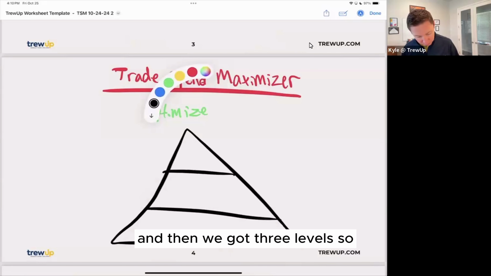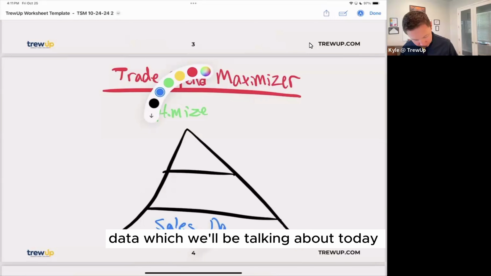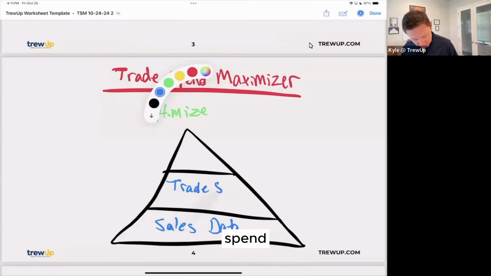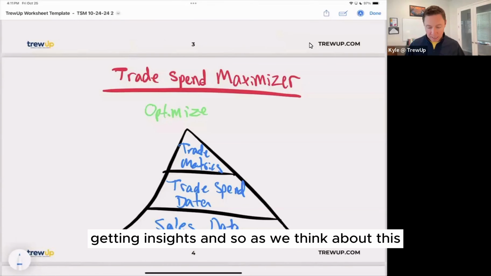And then we've got three levels. The first is sales data, which we'll be talking about today. Trade spend data and trade metrics, all to get to the pinnacle of optimizing our trade spend, getting insights.